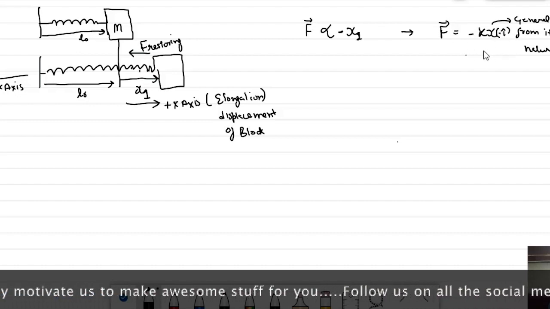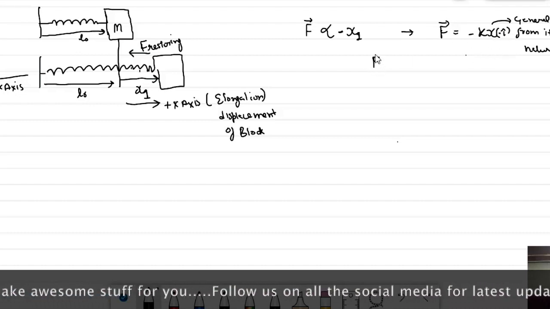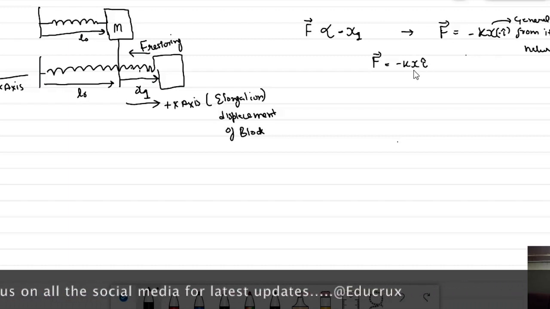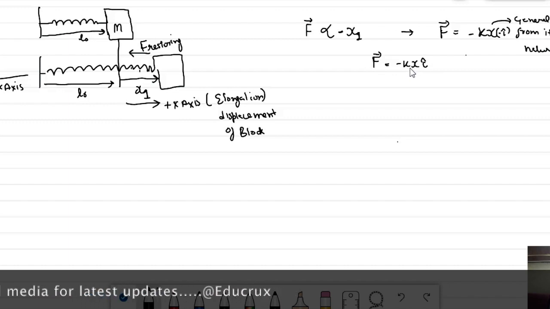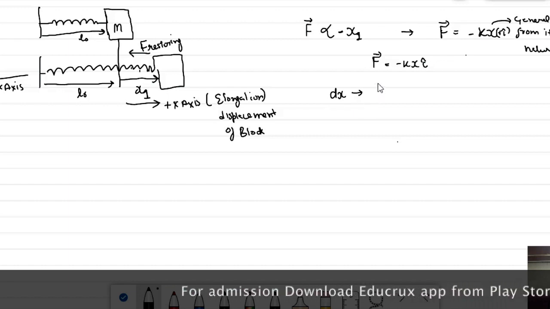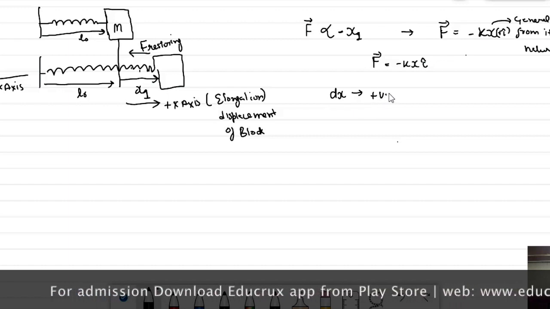So this is our restoring force, which is given by F equals minus kx i cap. So our restoring force is in the negative x-axis, and the small displacement dx by which the block moves is in the positive axis.